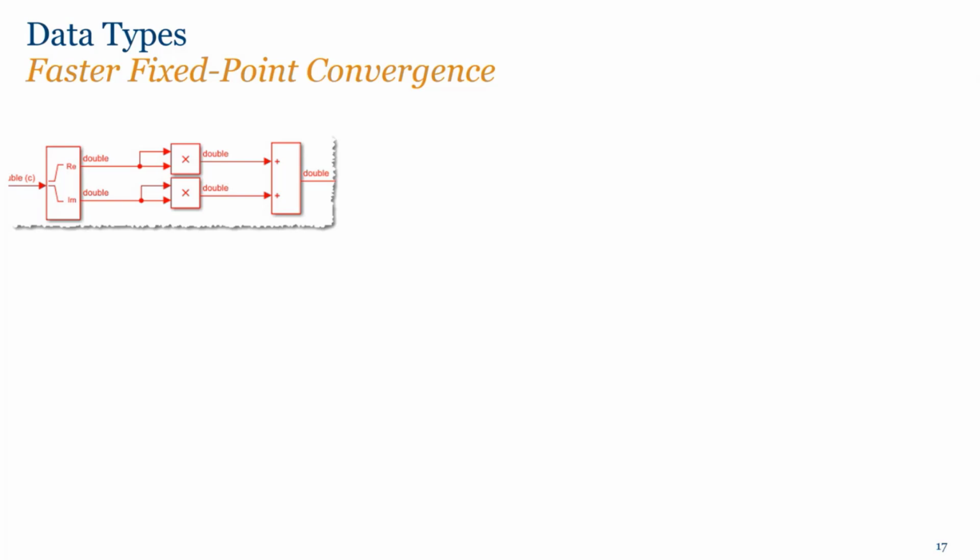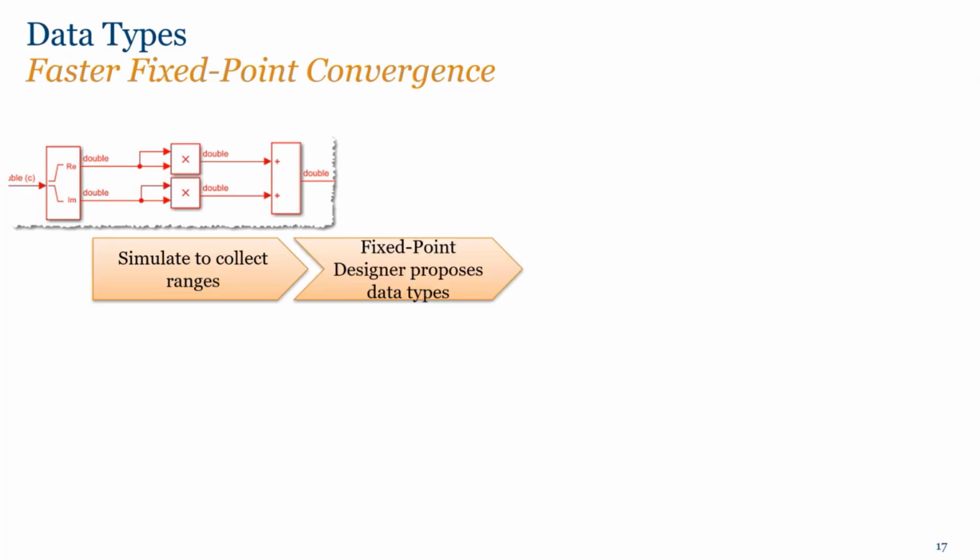And to do that, of course, you can do it by hand, but we also provide you with a tool called Fixed-Point Designer that will allow you to iterate on your data types in your model. It will start with simulating and collecting the data ranges that you have. Later on, it will propose to you some fixed point data types.